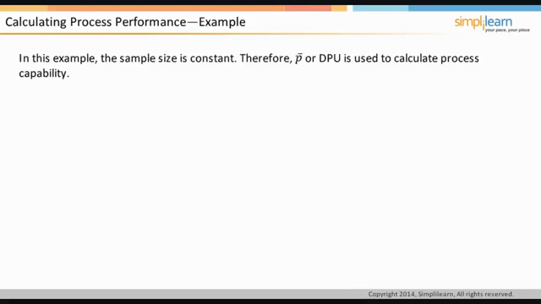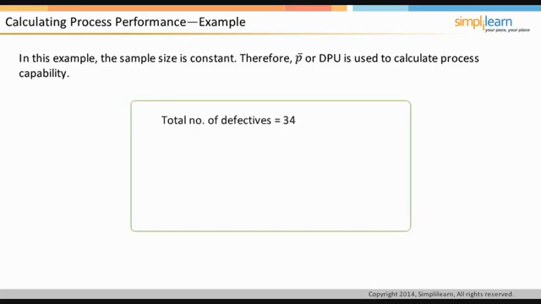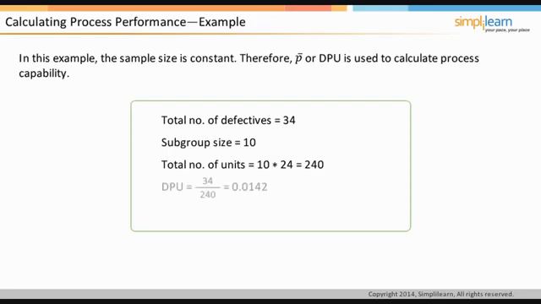In this example, as the sample size is constant, DPU, or P-bar, is used to calculate the process capability. The total number of defectives is 34, and the subgroup size is 10. The total number of units is 10 multiplied by 24, which is 240. The defects per unit is 0.0124.